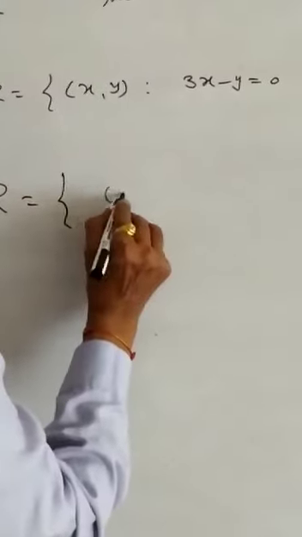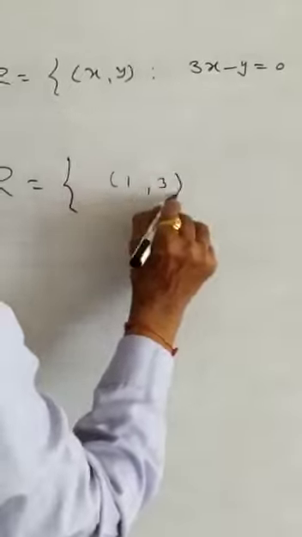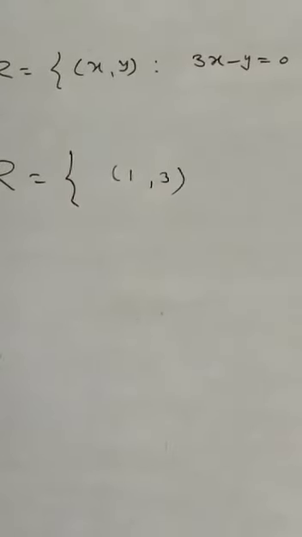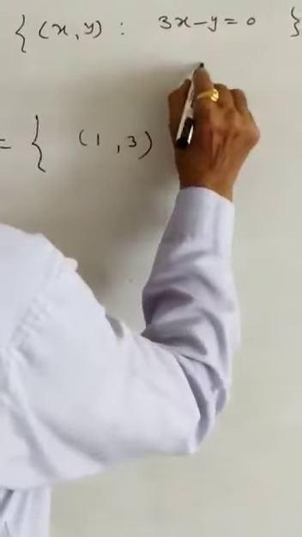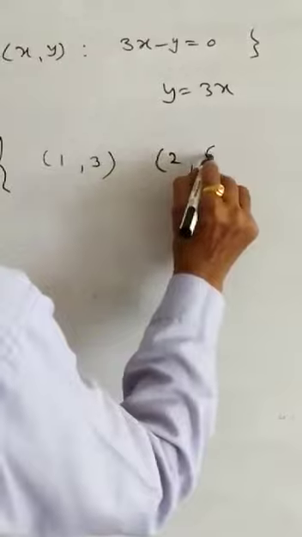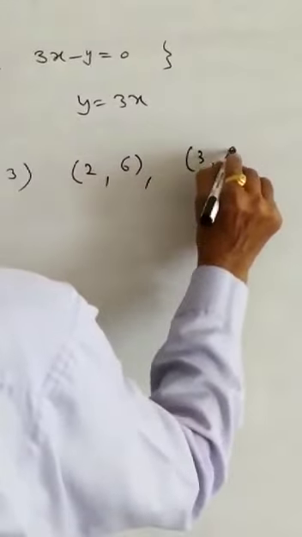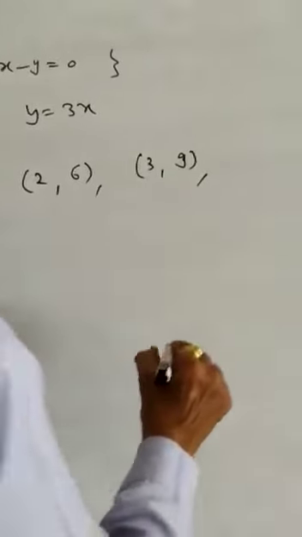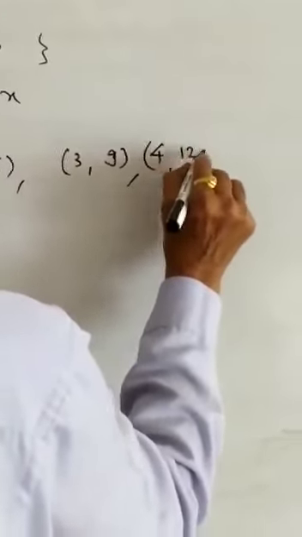Now when x is equal to 1, y is equal to 3, means (1,3) belongs to R. When x is equal to 2, right, y is equal to 3x, so y is equal to 6. x is equal to 3, y is equal to 9. x is equal to 4, y is equal to 12.